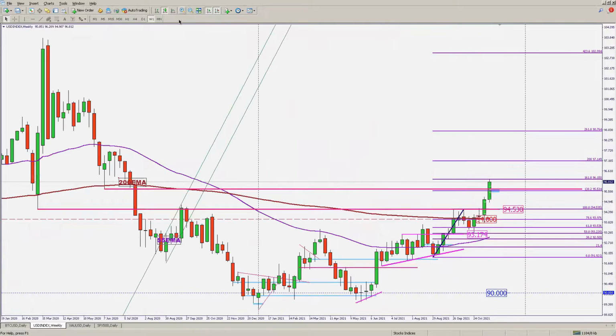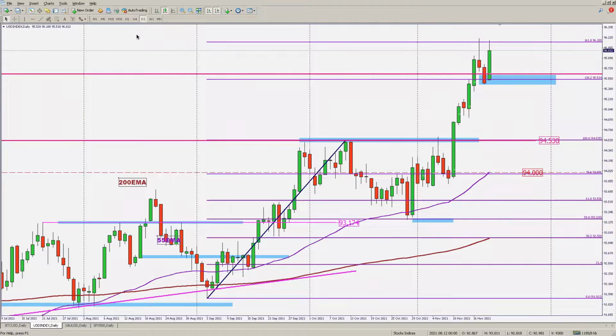So there could be a pullback to retest the resistance turned support, and let's see if it's able to push up to the next fib extension, the 200 fib extension at 97.15, by the end of the month next week. So let's see how it goes.